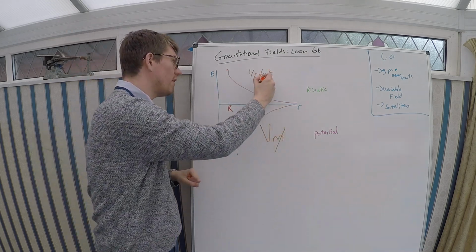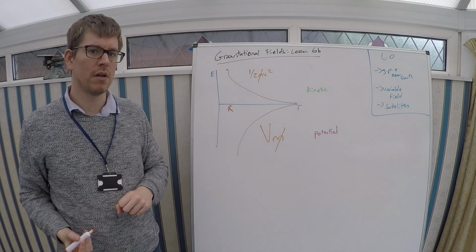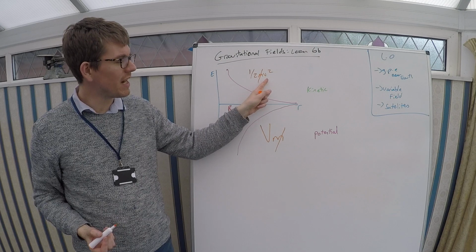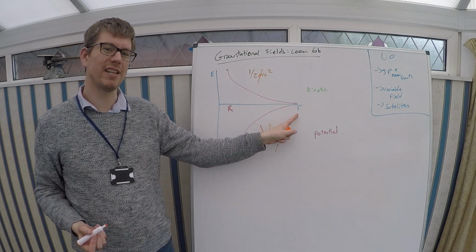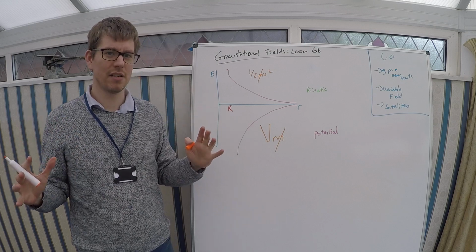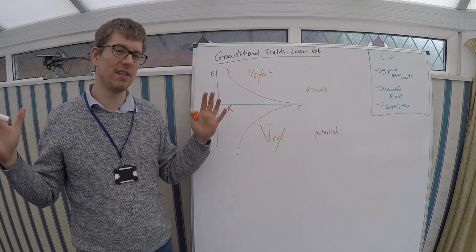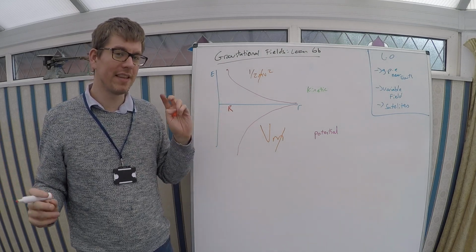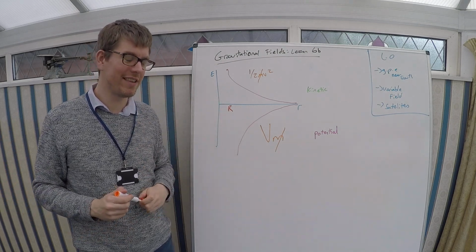The m's are going to cancel, which means that our speed can actually be displayed as a function of our distance from the planet. Any satellite which is orbiting the planet at a given distance will have a set speed. This leads us to two really neat things.